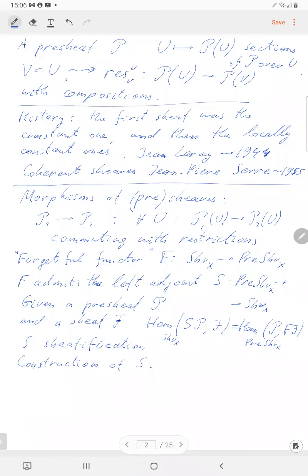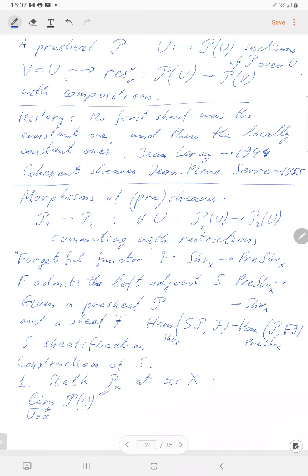So first of all, you will need a few important notions. First is the notion of stalk, P sub x, at a point x in our topological space. This is the direct limit over all open neighborhoods of x, shrinking, becoming smaller and smaller, of P of U, the local sections.